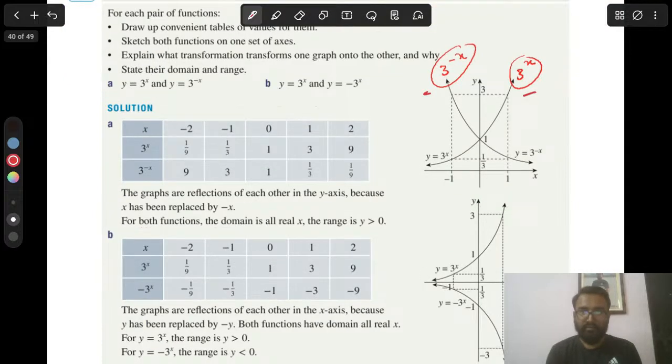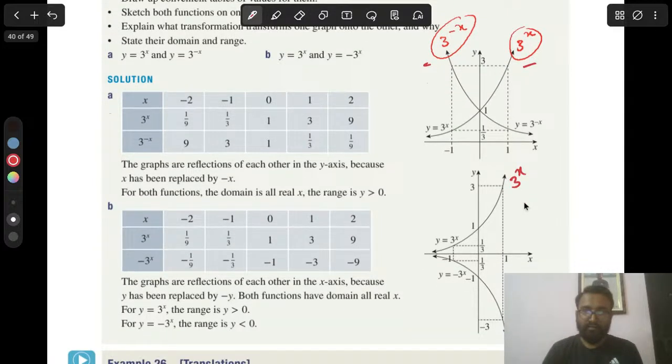Similarly, this is 3 power x, and this is a graph of minus 3 power x. 3 power minus x is different from minus of 3 power x. 3 power minus x is nothing but 1 upon 3 power x also.